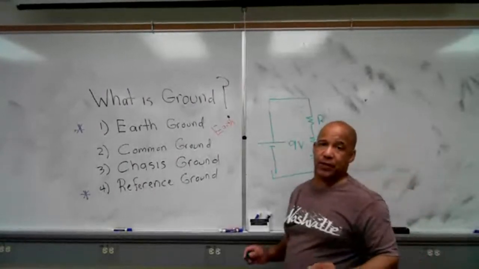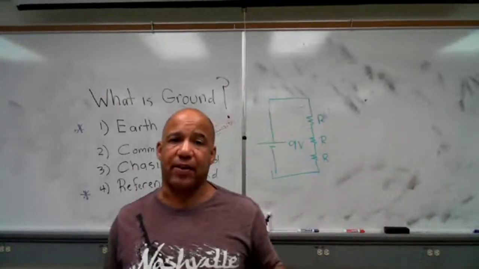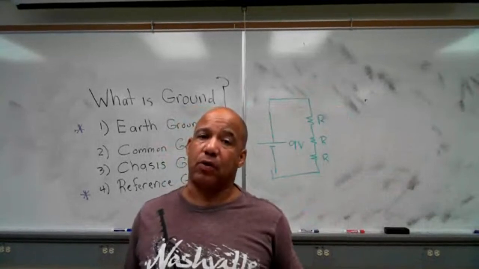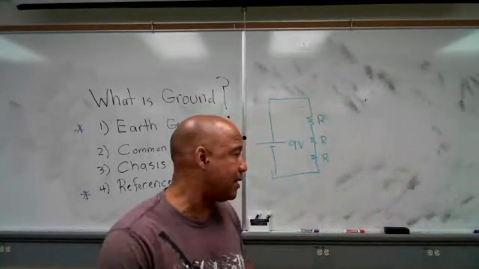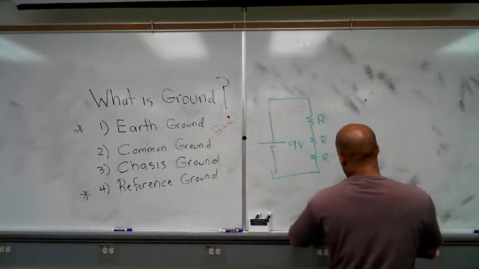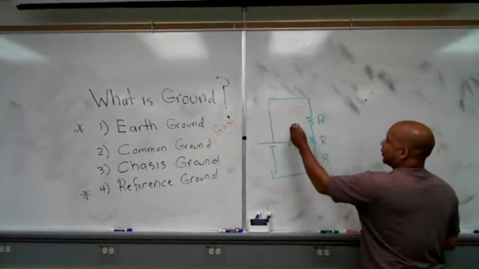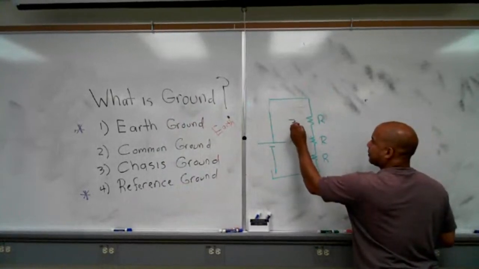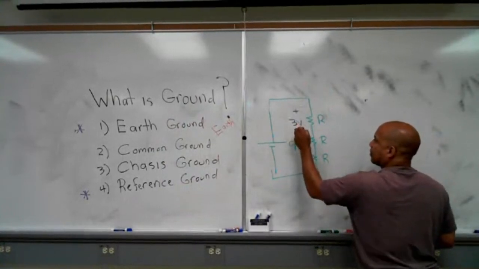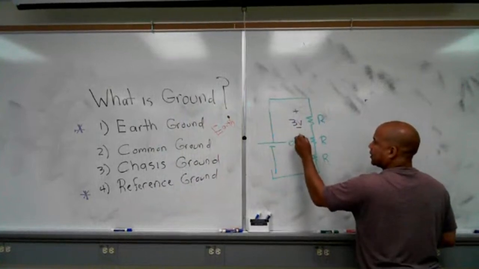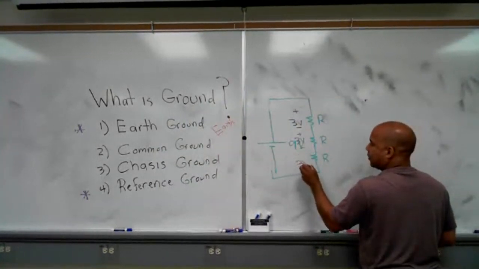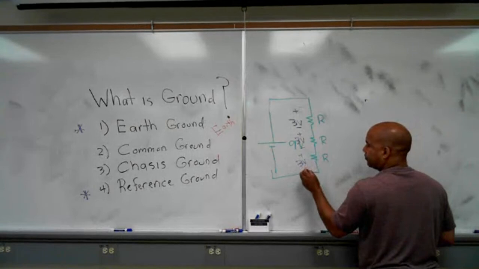And the reason that's important is, if I have 3 resistors of the same value, each one's going to get the same amount of voltage. If my total voltage is 9, that means each resistor is going to get 3 volts. So I got 3 volts across this resistor, 3 volts across this resistor, and 3 volts across this resistor.